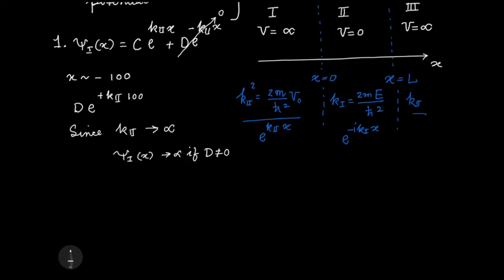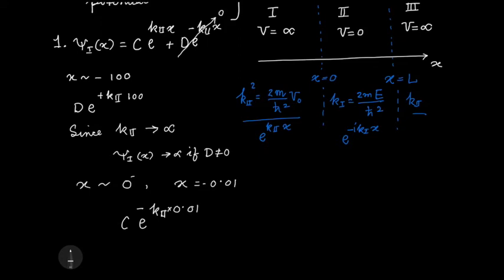Alright, so let's see what happens at x very close to 0, like 0 minus, say x equals minus 0.01. This term C e to the K2 times minus 0.01, remember K2 is infinite, very, very large. However small you make x, it will still be very, very large.